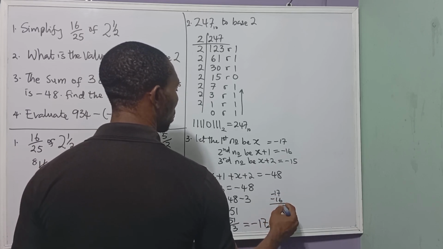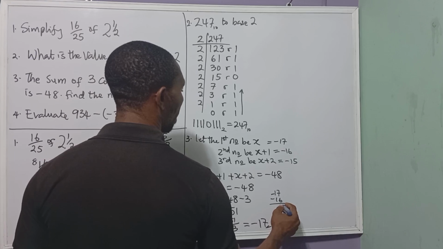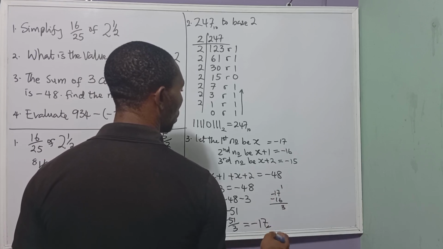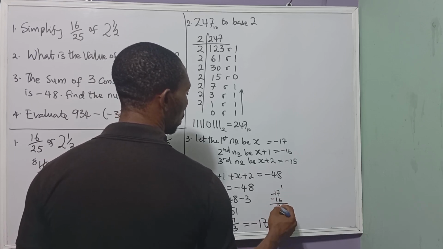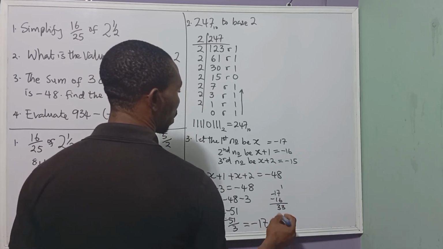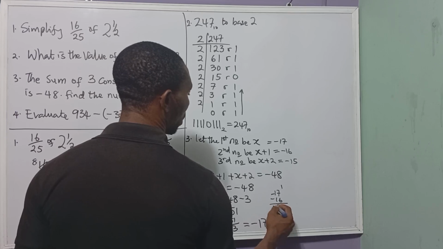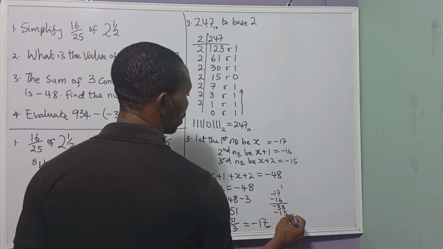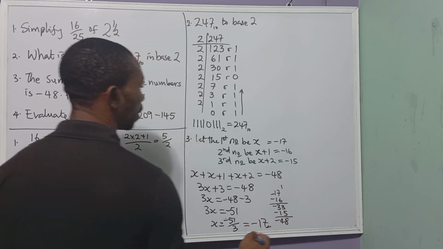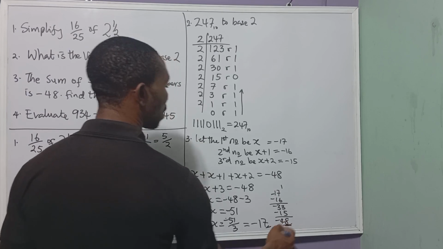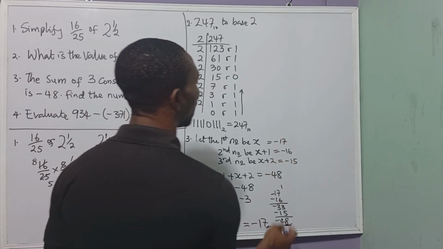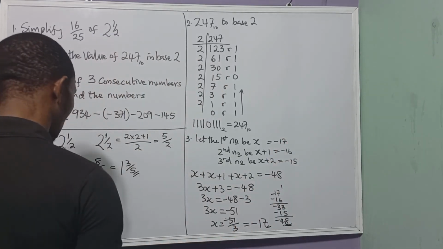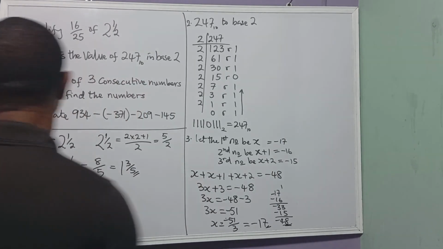This gives us 33, so minus 33 minus 15 gives us minus 48. So our answers are correct. We have minus 17, minus 16, and minus 15 as our numbers.